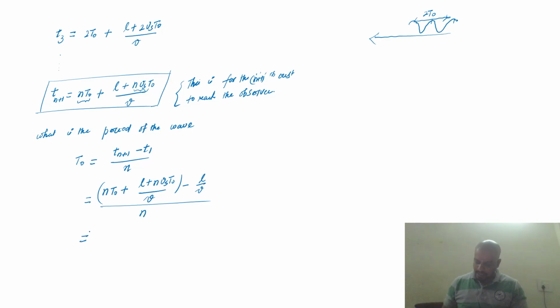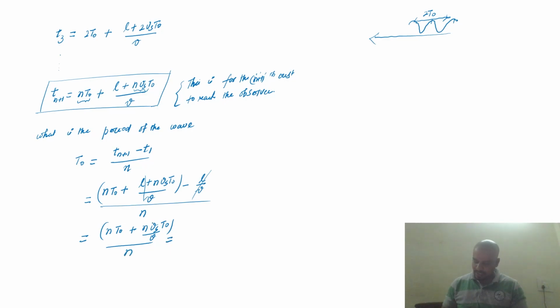So we can cancel the L by V here. If we cancel these two, then we will get n t naught plus n Vs t naught by V, whole divided by n.